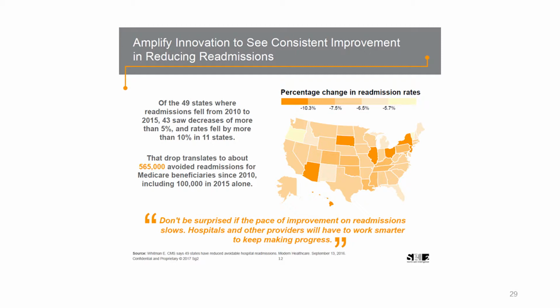That's about 565,000 fewer readmissions for Medicare beneficiaries, so really seeing a lot of improvement. As we continue to see more improvement where the revenue is linked to performance and quality, then I think, of course, more of those reimbursement models will shift to that.